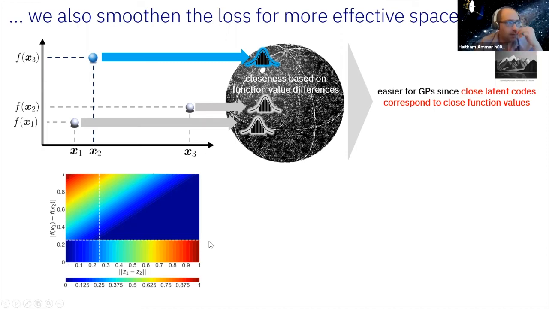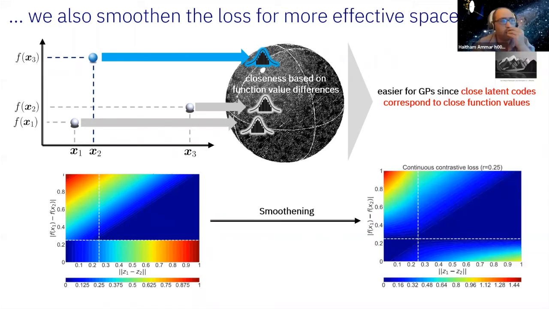Red means I'm being penalized. Now, this is good, but we would like to have more of a gradual penalization. So the more we get closer in function values, and the more you make a mistake, I want you to be punished more. So that's why we create a smoothing mechanism without going into the math.